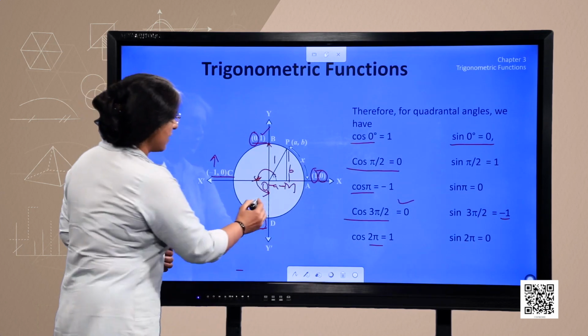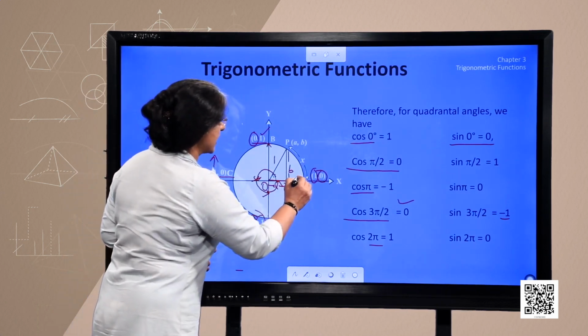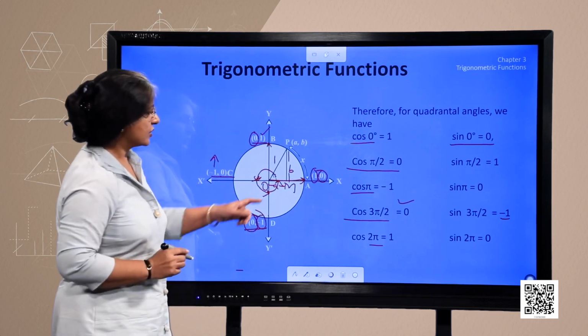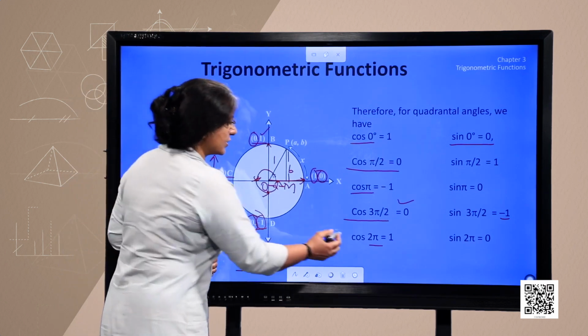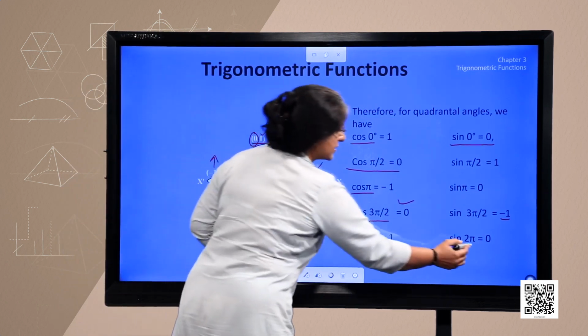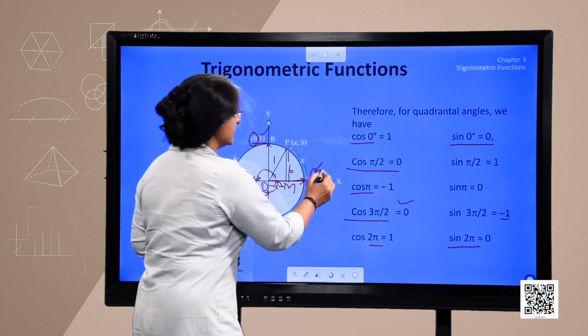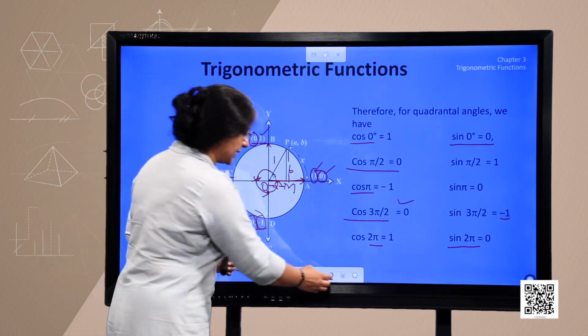Now, after completing the whole revolution, we reach back to the same point from where we started. So, 0 degree and 2 pi angle coincide. So, cos 2 pi is 1 here and sin 2 pi is 0 here. So, this makes our quadrantal angles complete.